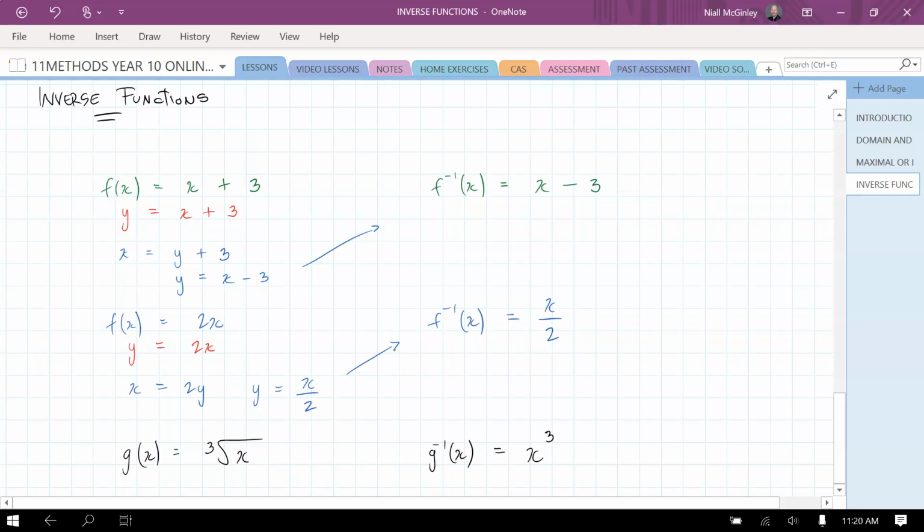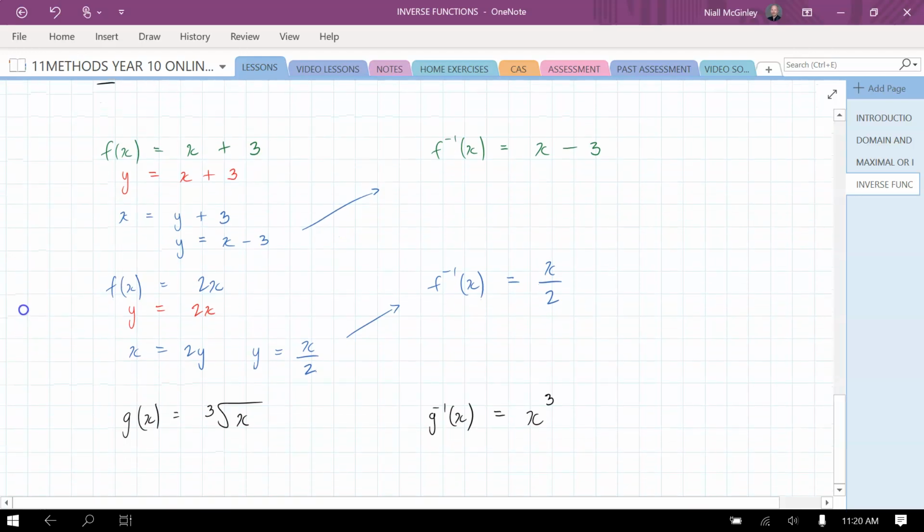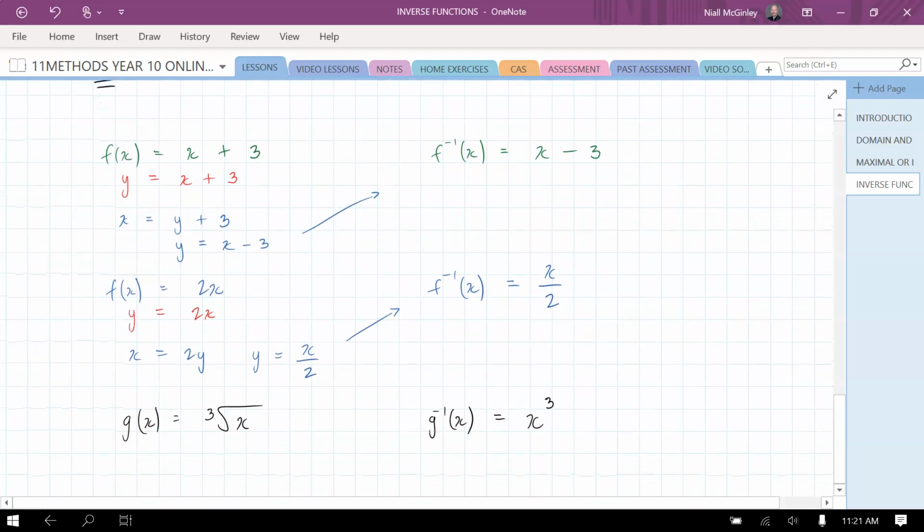So that's at the most basic level how you find it. For more complex examples, this is how you get the inverse: when you do the reverse operation, you interchange x and y, and then make y the subject.